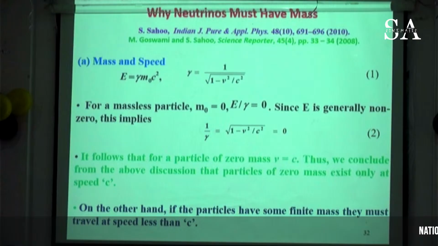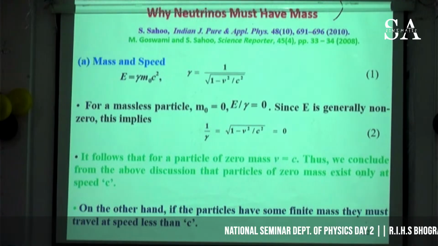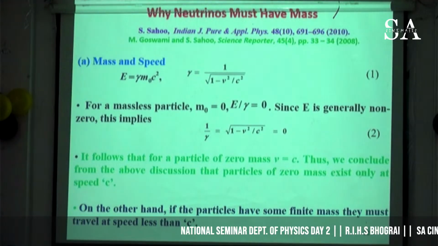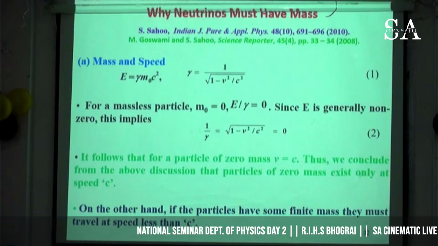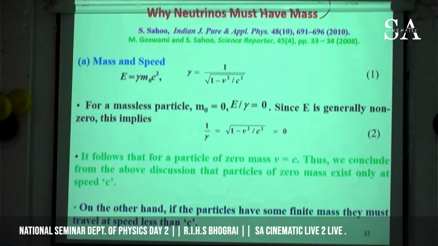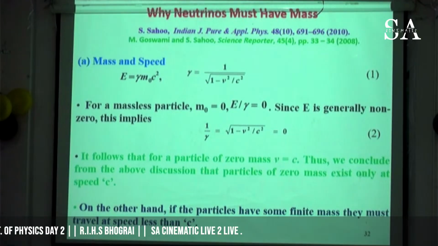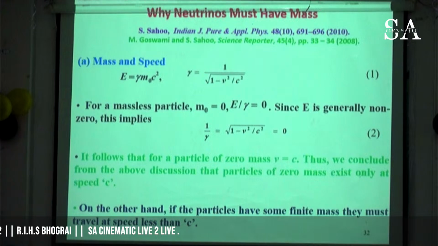There are relations between mass and speed. Briefly, E equals mc square, that is m0 divided by the square root of 1 minus v square by c square. If a particle is massless, then E by gamma will be 0. E cannot be 0, so we get 1 by gamma equal to 0.